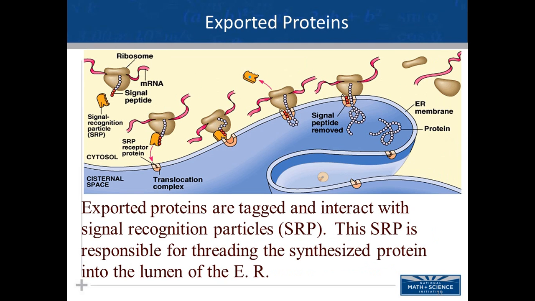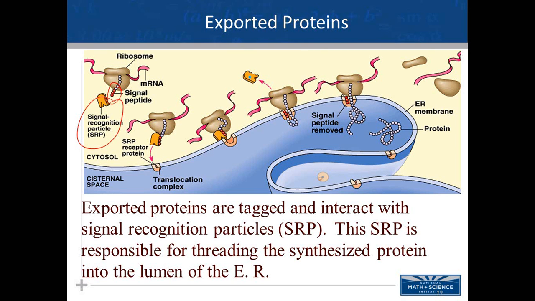Alright, so now we want to examine what happens to proteins that are destined to be exported from the cell. Well, first off, those proteins, as they're being made, the very beginning of that protein has what we call a signal peptide. And that little signal attracts something called a signal recognition particle, which is made out of protein and RNA.